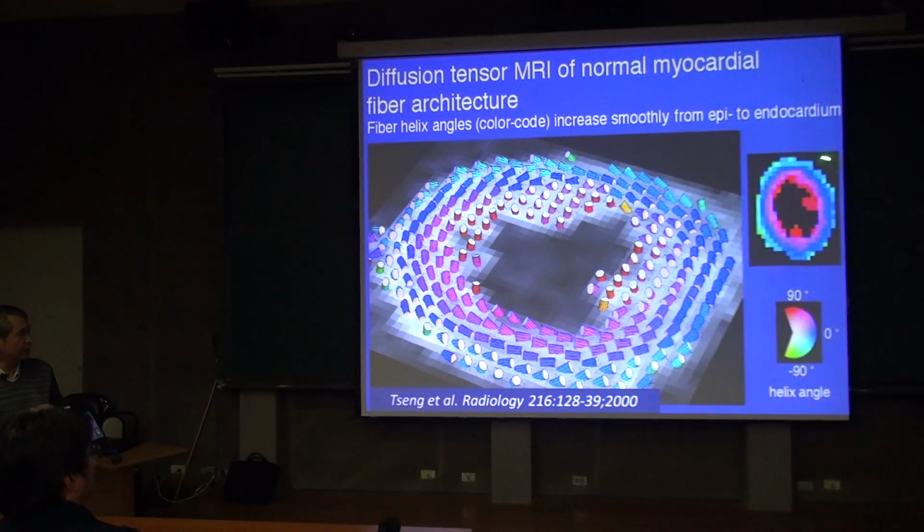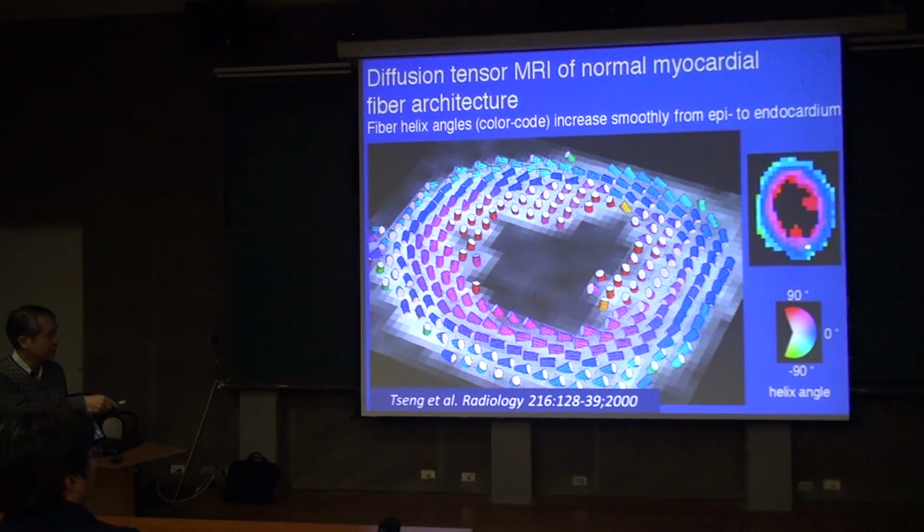On the outside of the heart, the fibers are more or less in this direction. In the mid wall, the fiber is more or less in this circumferential direction.